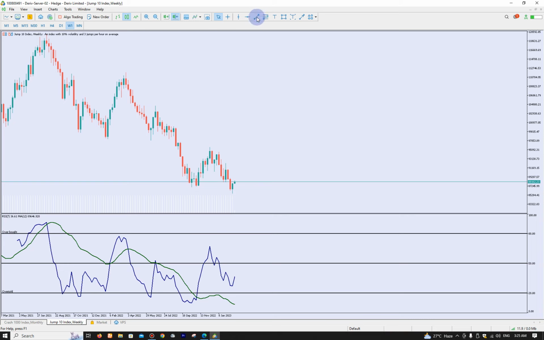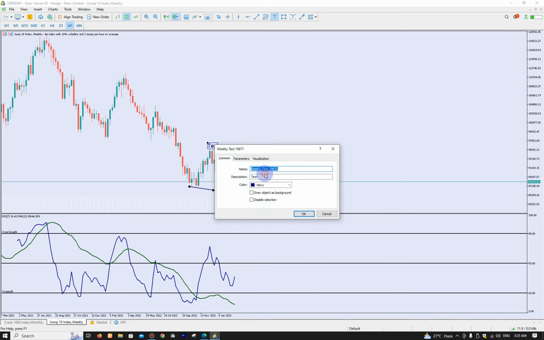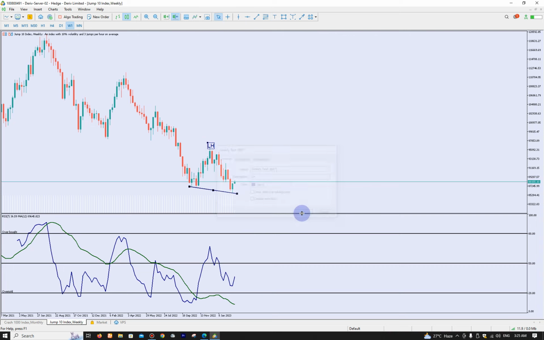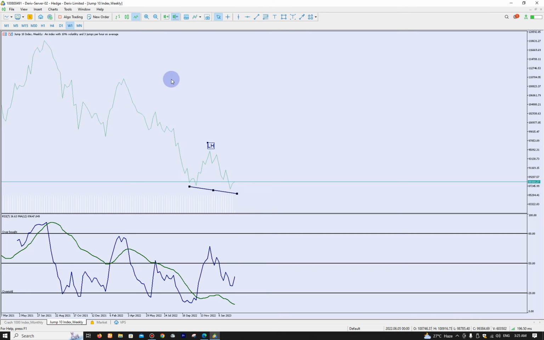If you look at what is happening currently, this is what is happening here. It's actually from a lower high here, a lower high here, and let's turn it to the line graph.